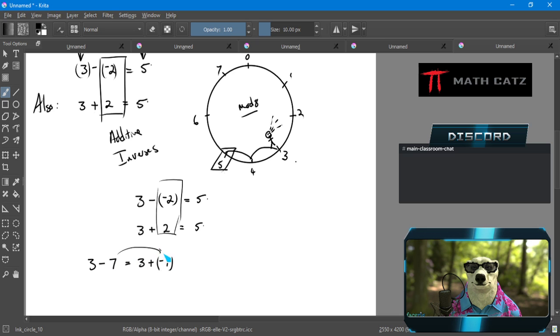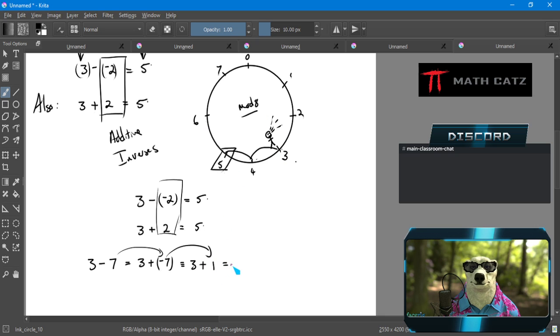Now that's always the standard name for the additive inverse: 7, negative 7. But negative 7 is not here. It's not on my circle. So that is equivalent to what on the circle? Well, negative 7 is 7 steps back from 0. 1, 2, 3, 4, 5, 6, 7. It's 1.